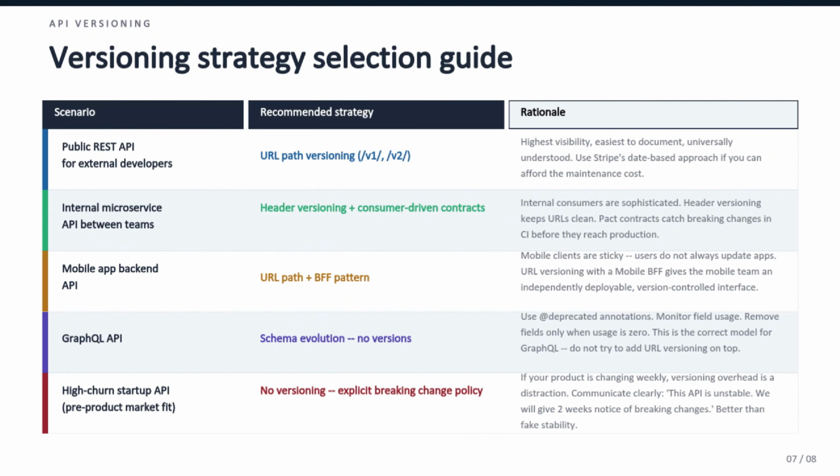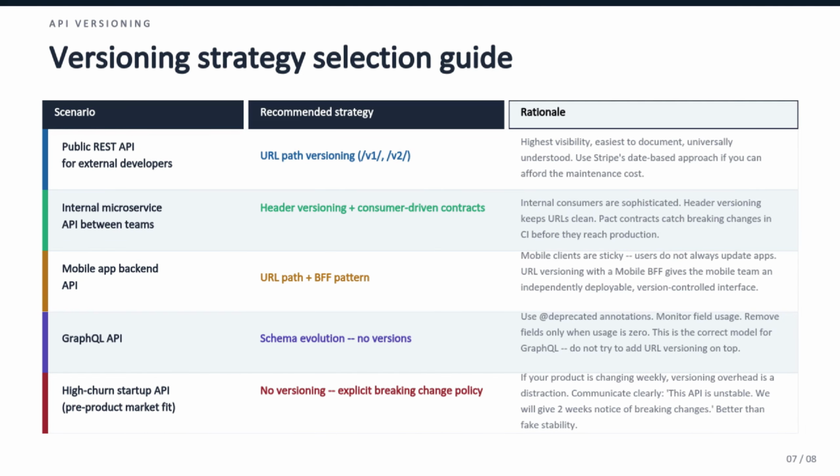Alright, scenario 1, a public REST API for external developers. So maybe you are building something like a payments API, messaging API, developer platform, things like that. In this case, honestly, URL path versioning is usually the safest and simplest option. REST means representational state transfer, the common HTTP API style most developers use.